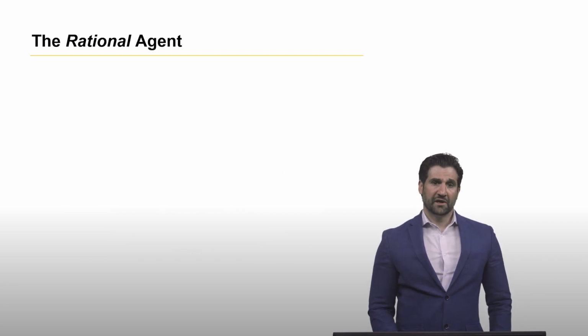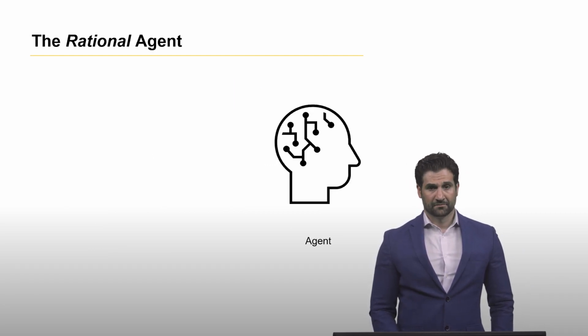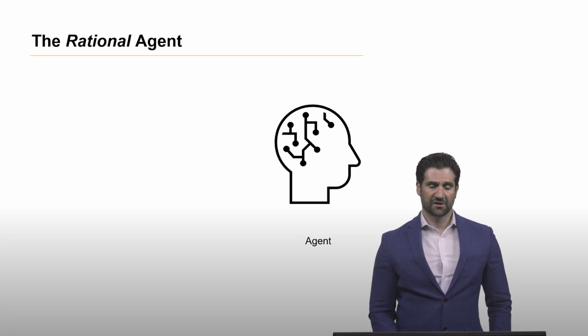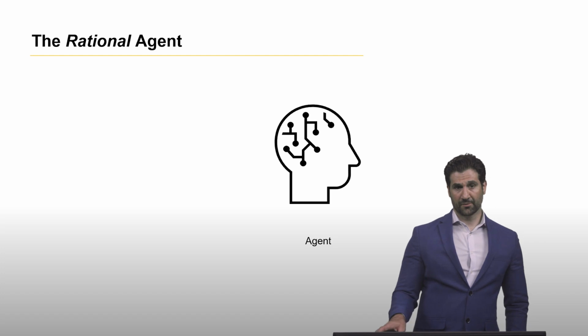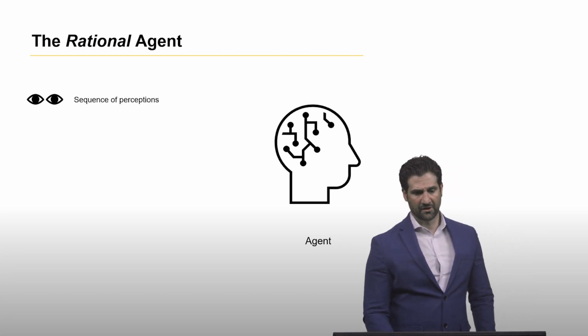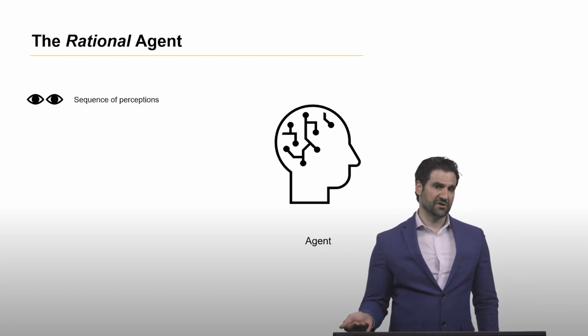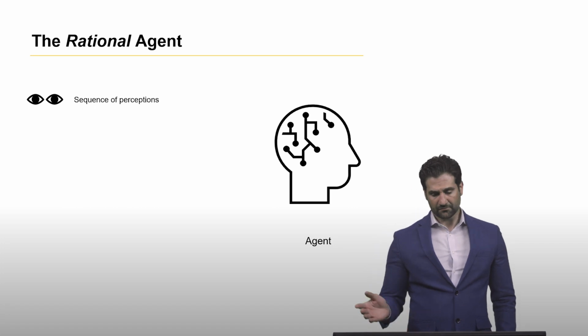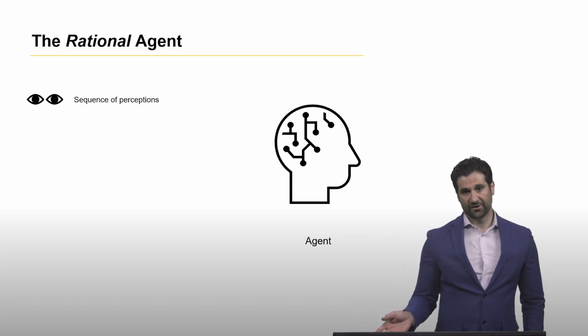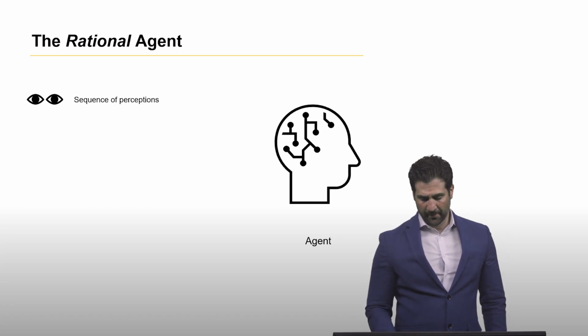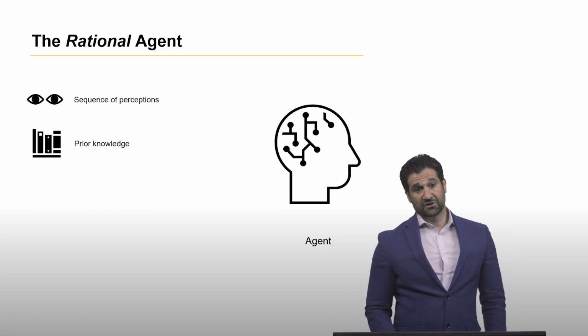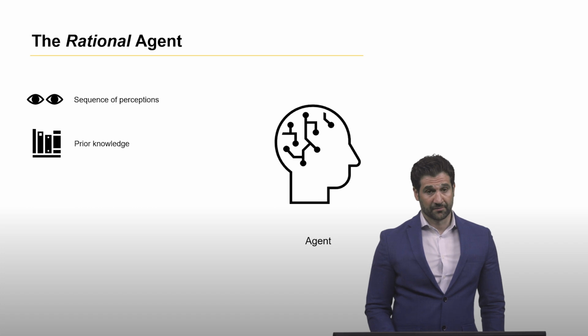So now, what makes an agent rational? Here's our agent again, and let's look at a couple of factors that we consider when determining that an agent is rational. First, there's a sequence of perceptions. Maybe that sequence is just one thing, but we'll assume that there is a sequence. The agent can also have some prior knowledge.